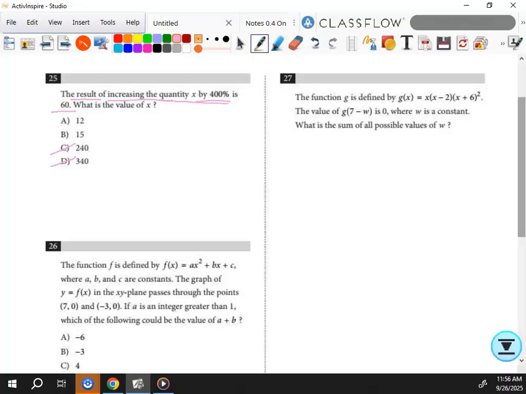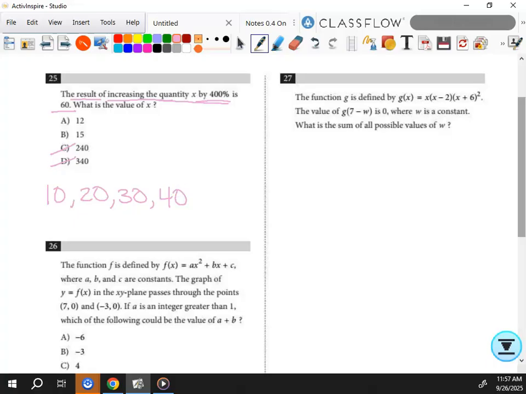If I take anything, let's say 10, I'll make it easy. If I increase that by 100%, that means I'm going to add a whole nother 10 on there. I get 20, right? If I increase it by 200%, I add another 10, that's 30. By 300%, that's another 10, that's 40.